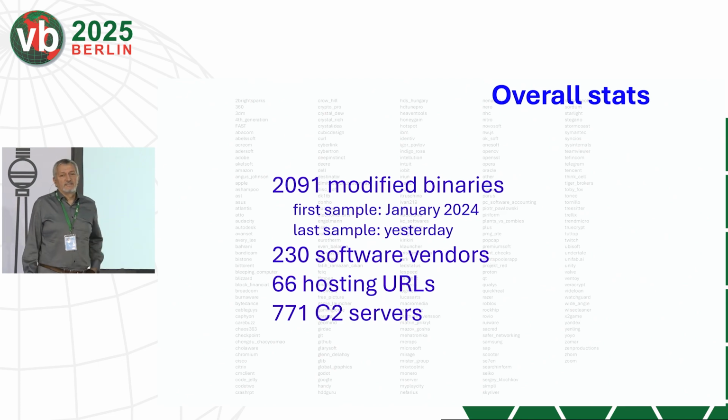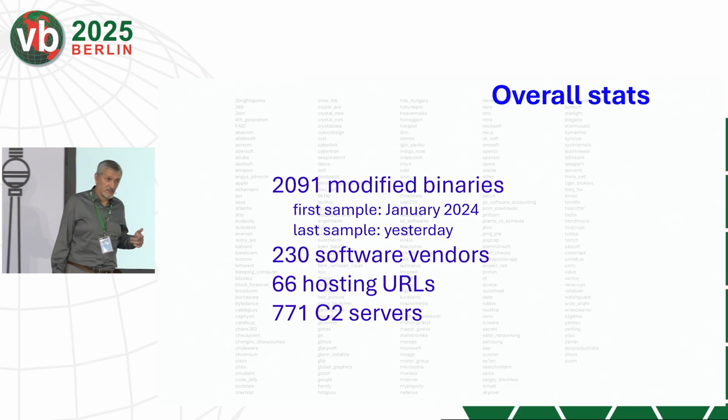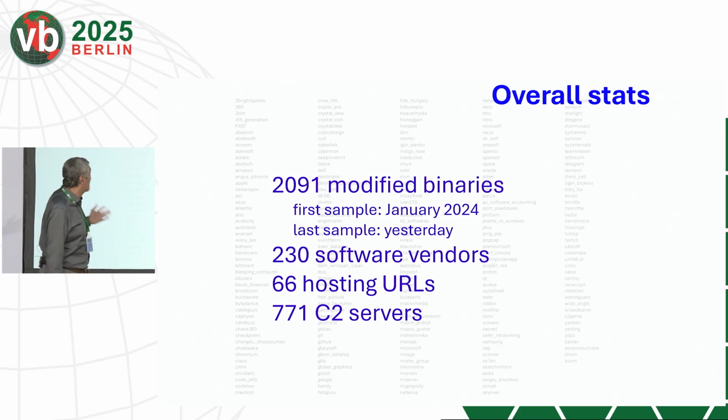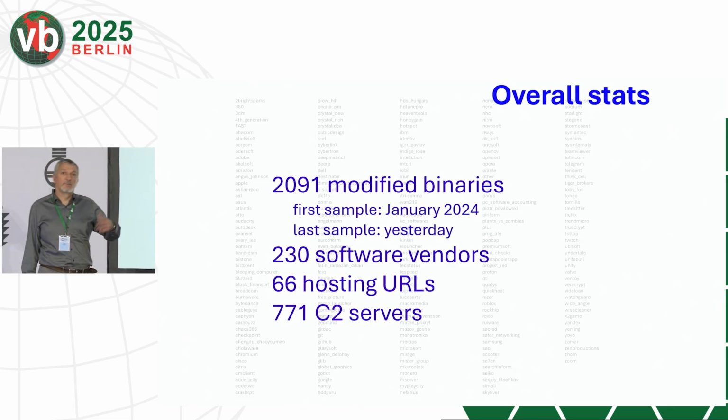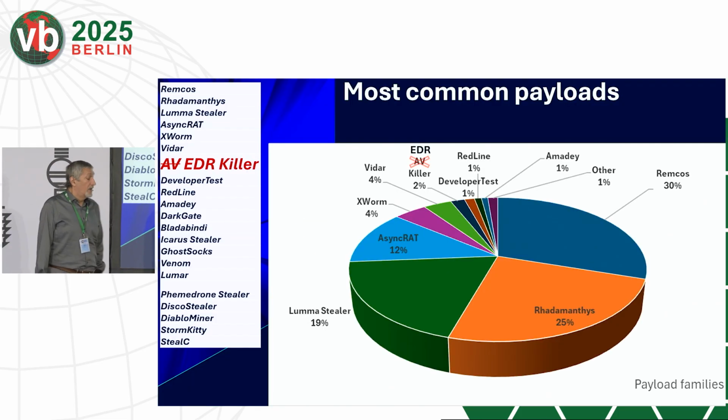The way it works, it takes a legitimate binary from a legitimate software developer, injects the loader code, and inserts a resource which contains the encrypted payload. So we found about 230 different software vendors whose binaries were abused this way.